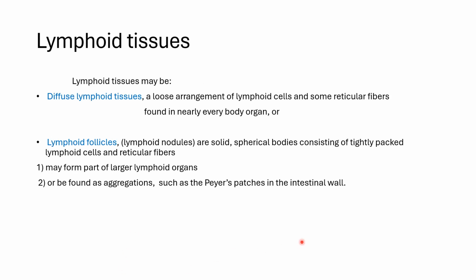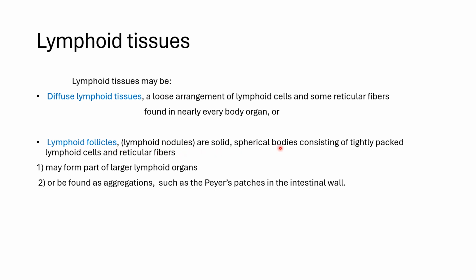All right, now the lymphoid tissue may be diffuse lymphoid tissue. Diffuse lymphoid tissue means a loose arrangement of lymphoid cells and some reticular fibers in different parts of the body. And then in some parts of the body, this lymphoid tissue makes lymphoid follicles or lymphoid nodules.